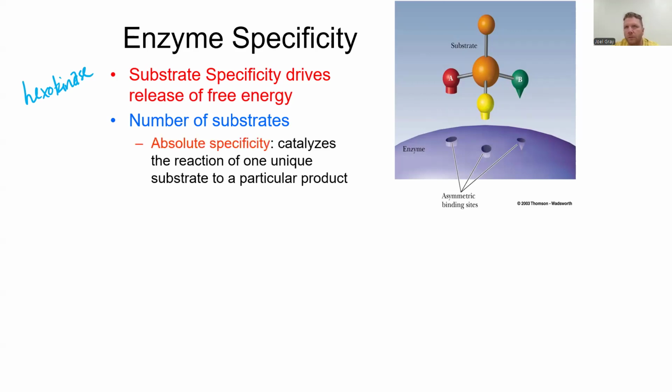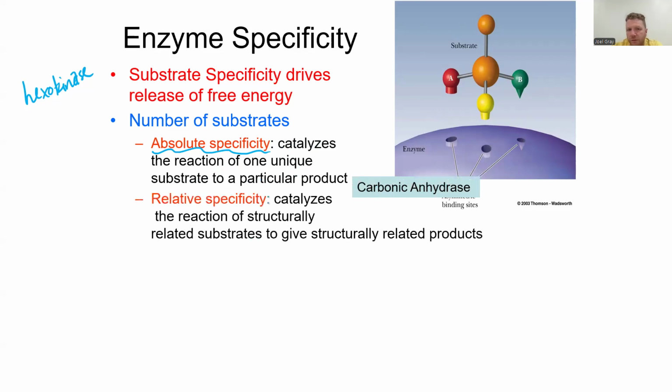Now, when it comes to terminology for number of substrates, there's absolute specificity. This is a type of specificity where an enzyme is going to catalyze the reaction of one very unique substrate to a particular product. Relative specificity, where we're going to catalyze the reaction of structurally related substrates to give structurally related products.